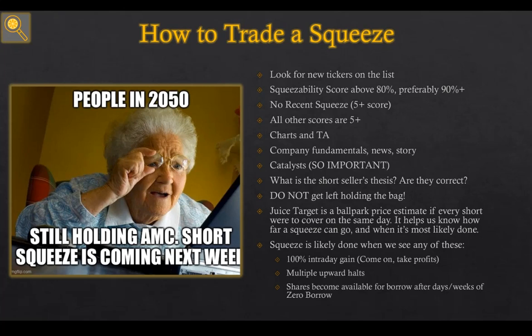So how do you pick the one that's going to squeeze this week? It's really difficult. Definitely check the no recent squeeze score and make sure all the other scores are above 5. Five is considered the average for most of the columns, so you want to look at where the strengths and weaknesses are.